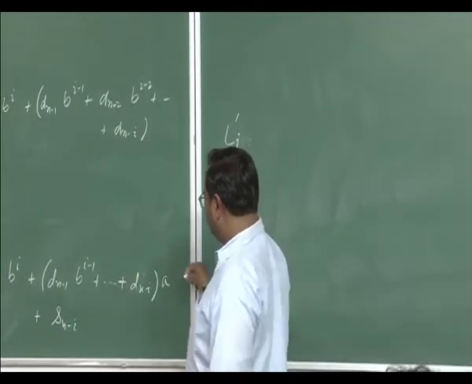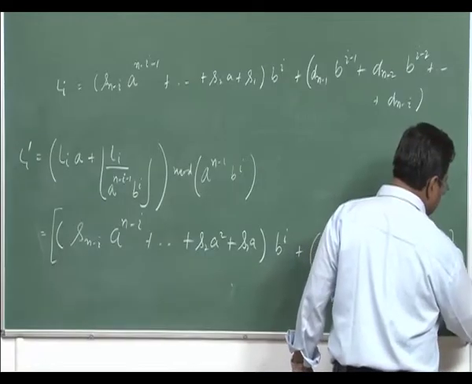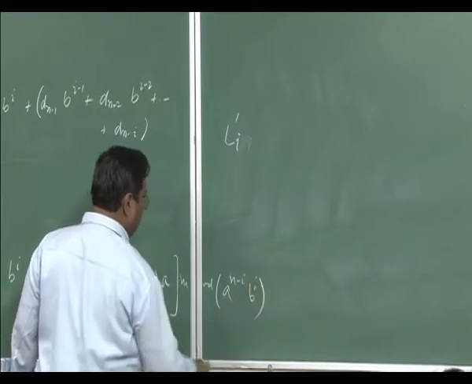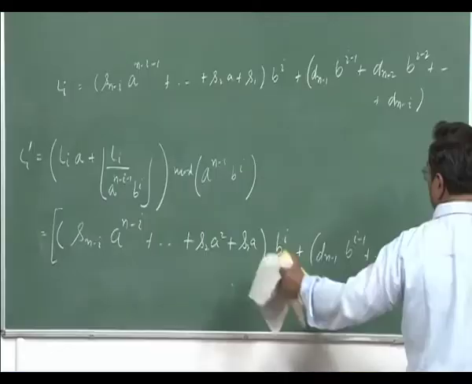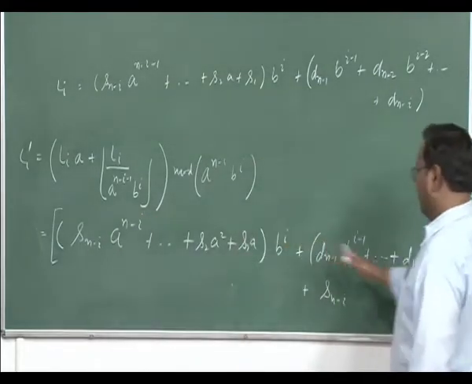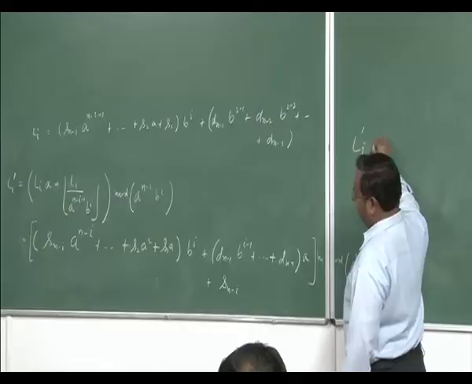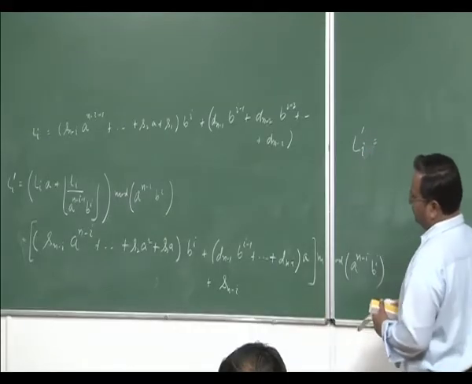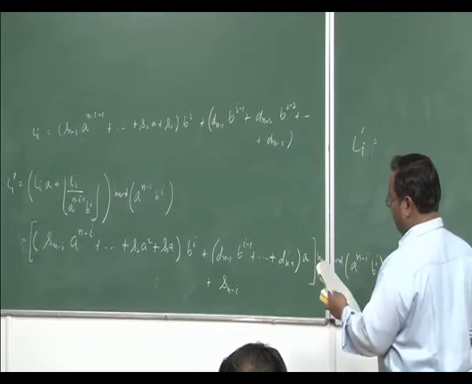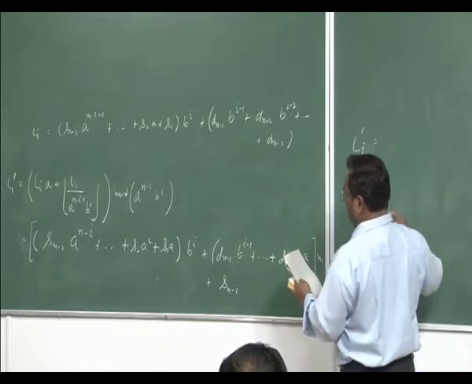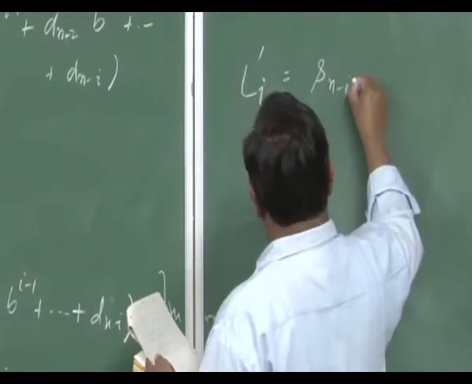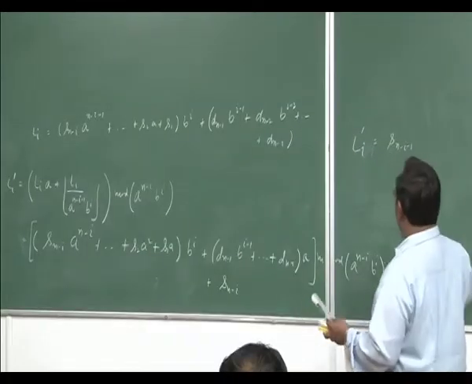So I have to do a modulo on this. Once I do a modulo, S of n minus I will actually go away, rest everything I have to write.